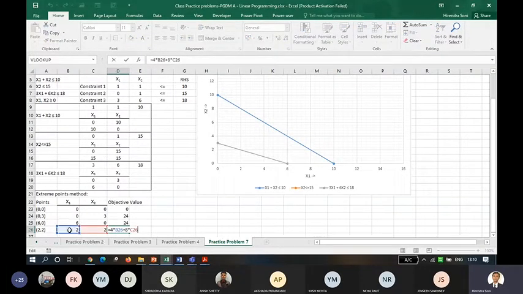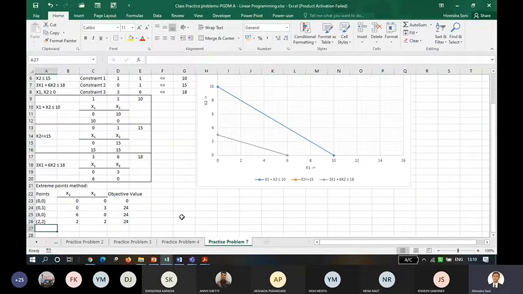It says 4 into 2 plus 8 into 2. 4 into 2 is 8, plus 8 into 2 is 16. So that gives me a total of 24. Correct? Yes. What about the one in the middle, that is 4, 1.